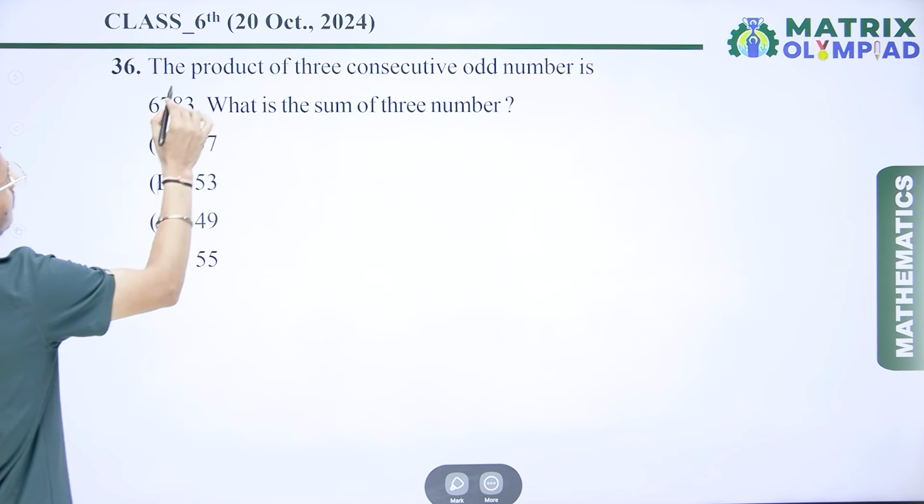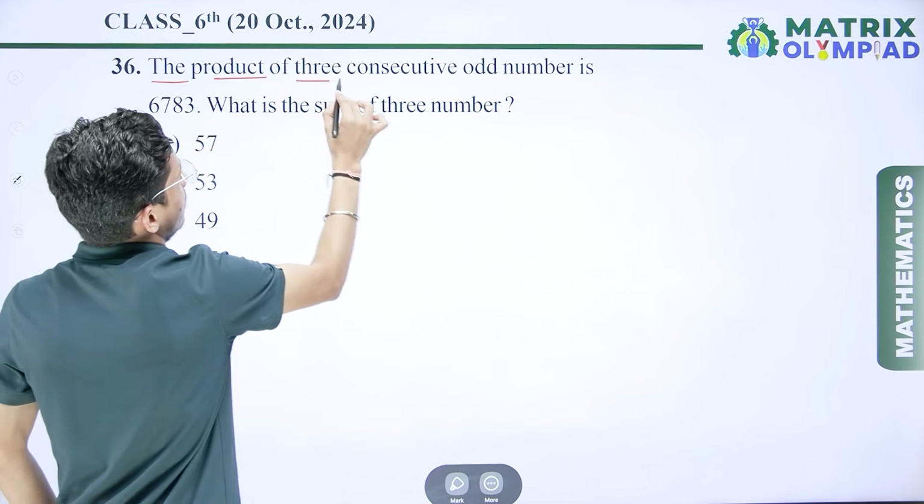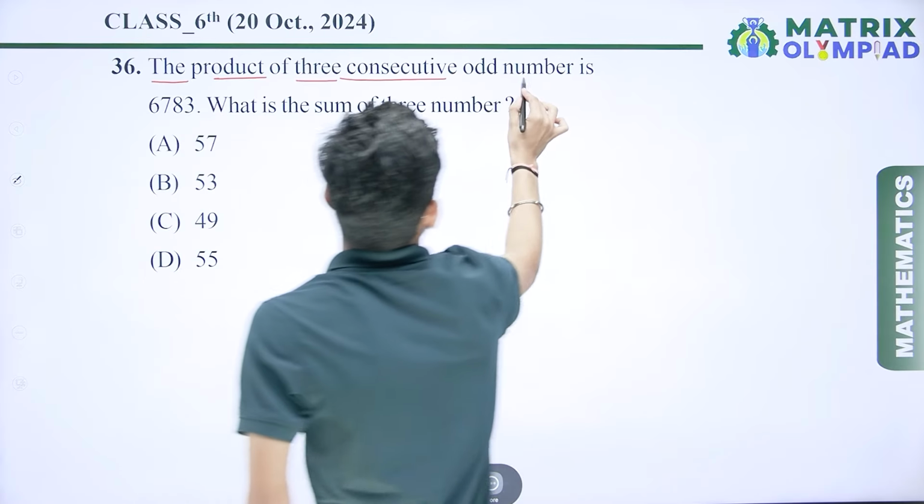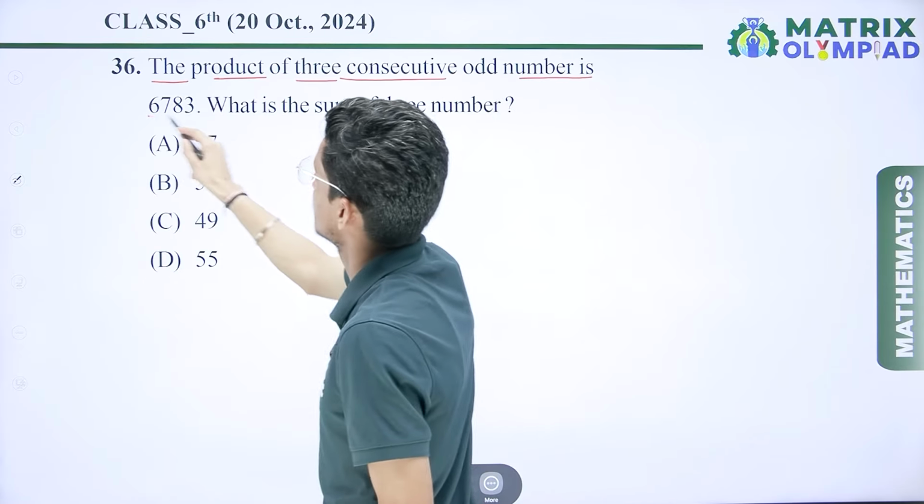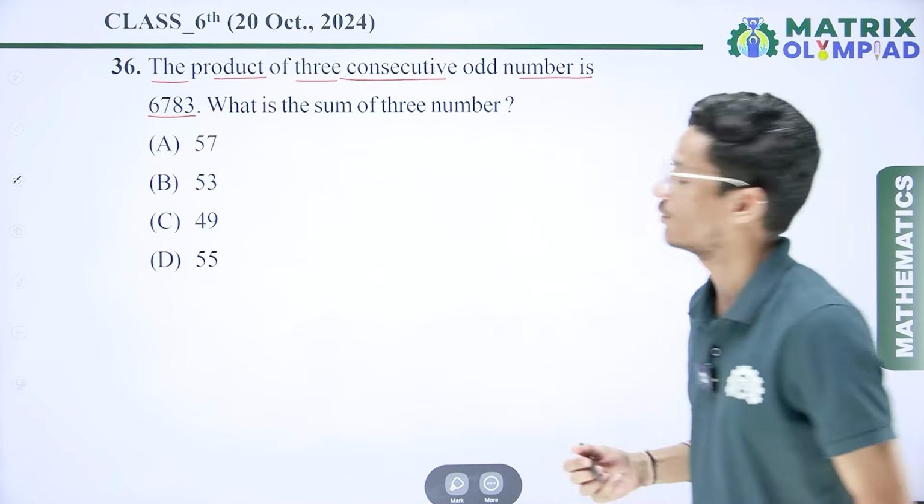Now the next question is that the product of 3 consecutive odd numbers is 6783. So what is the sum of the 3 numbers?